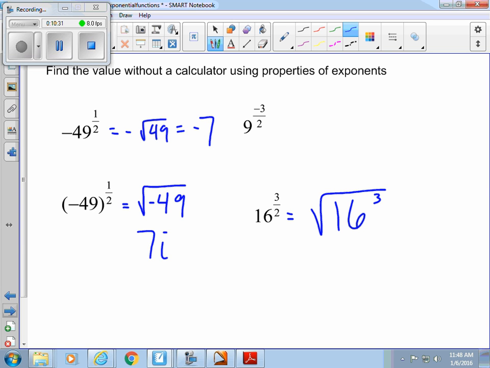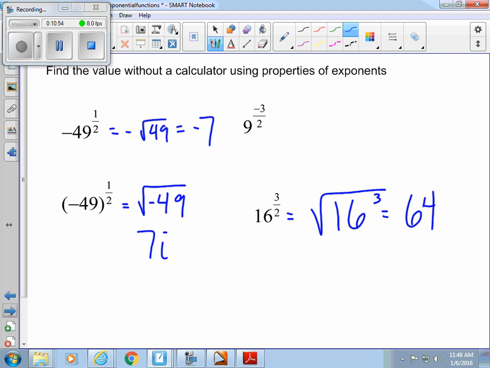If I truly am doing this completely by hand, I have options. I can square root first or I can cube first. Which one is wiser? Square root first, because then I get a small number. The square root of 16 is 4. 4 cubed is 64.